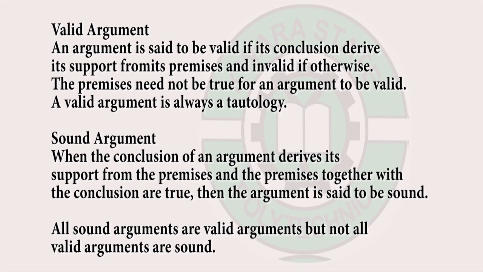The next one is what? Sound argument. When the conclusion of an argument derives its support from the premises, and the premises together with the conclusion are true, then the argument is said to be what? Sound. All sound arguments are valid, but not all valid arguments are sound.